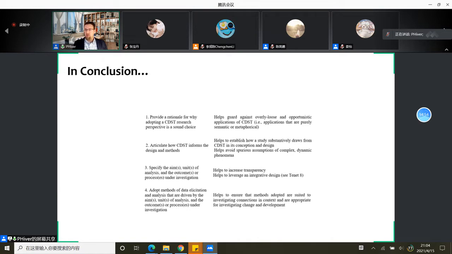So it helps us to ensure that the methods we adopt can help us to answer the questions we're interested in addressing. We won't get research that collects random data which is not suited to connections in context, or collects data that's not suited to studying change.